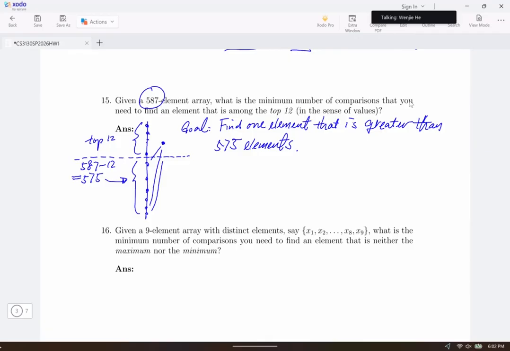Next, how to make this happen? That's easy. Select an arbitrary 576 elements. How about that?